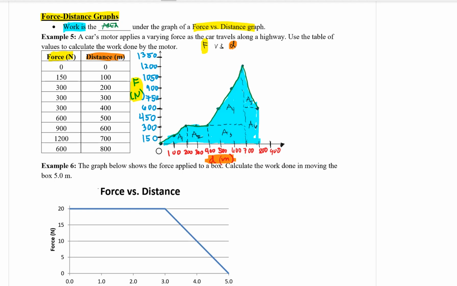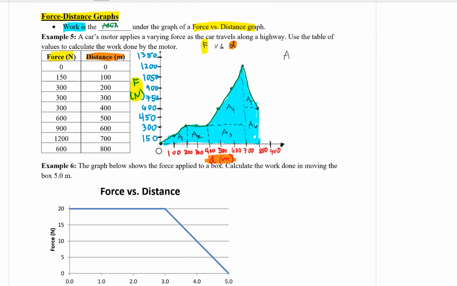You can also have your own partition if you want, but in my case I created 6 different areas of particular shapes. Again, I know the area of a triangle and the area of a rectangle, so that's why I try to make them into triangles and rectangles.